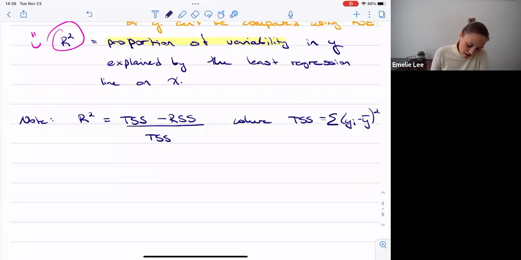Okay. So one thing that we kind of struggle with is, what's a good value for R squared? Now, R squared depends on if we are actually looking at something that would follow a linear model.